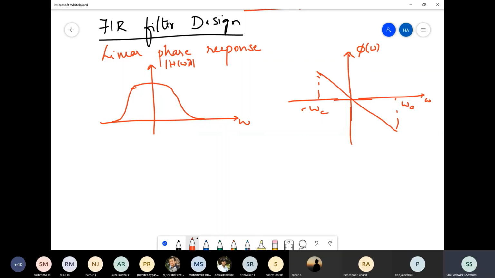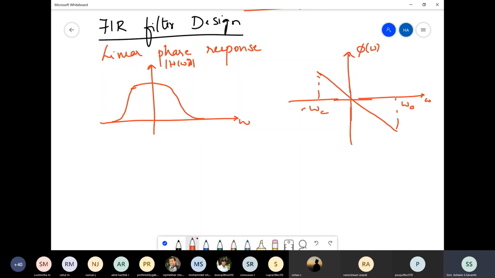This may not be the case with the IIR filter. So in applications which require a linear phase, why do we need a linear phase? So that there is no phase distortion. In applications where phase distortion is not tolerable, we go in for the FIR filter, because it does not distort the phase.